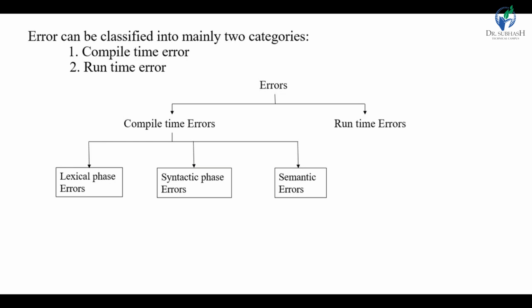In this phase, typical errors are incompatible types of operands, undeclared variable, or not matching of actual argument with formal argument, type mismatches between operator and operand.